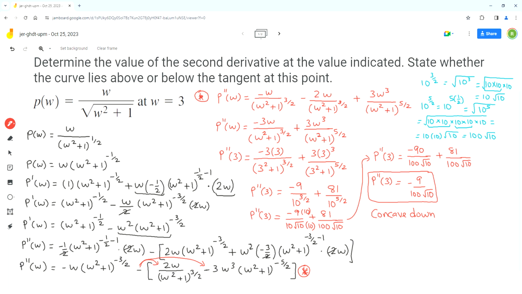Therefore, the curve is below the tangent. So this should be the final answer for the second part of this problem.